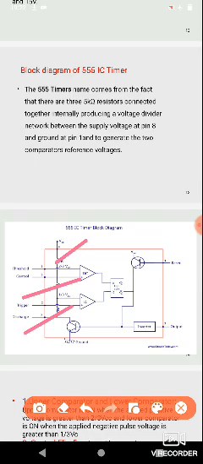The 555 timer name comes from the fact that the 5 kilo ohm resistors are connected together, producing a voltage divider network at the supply pin, pin number 8.